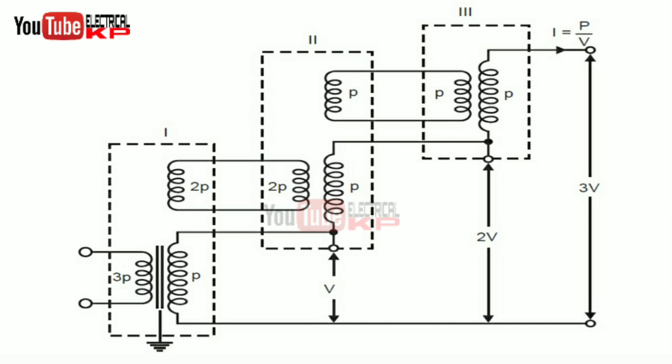So after the working and the construction of the cascaded transformer, now we are moving towards the advantages and disadvantages. In the advantages of the cascade transformer, the first point is that the cost of the cascade transformer is less as compared to a single unit of the same capacity.